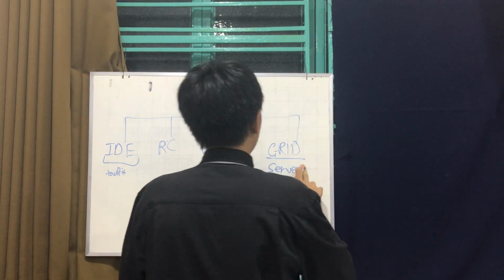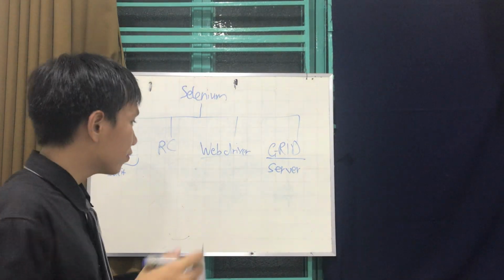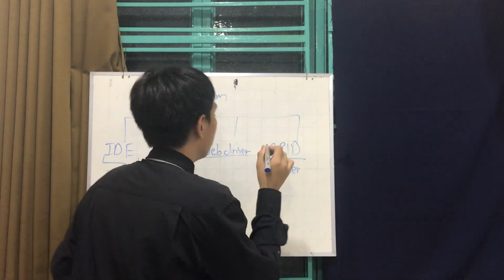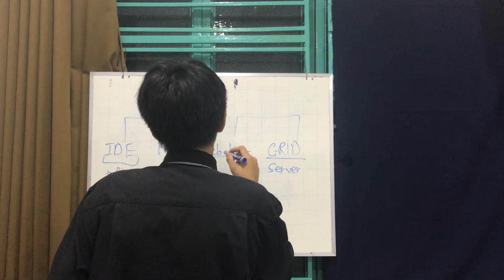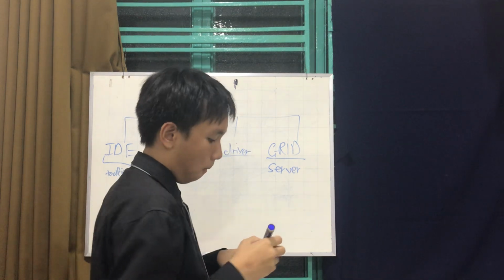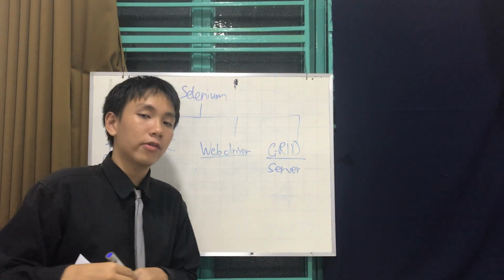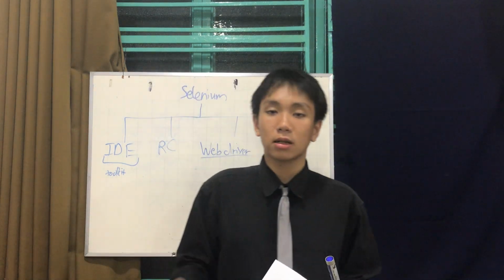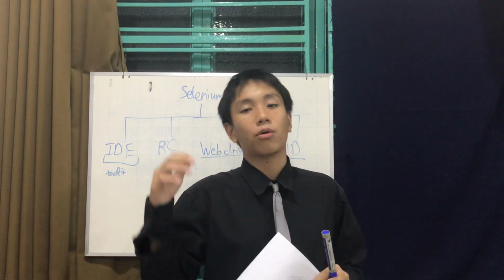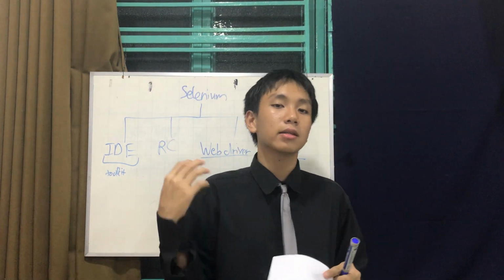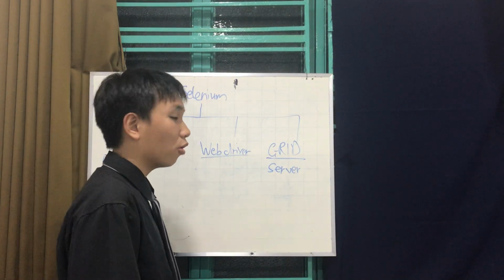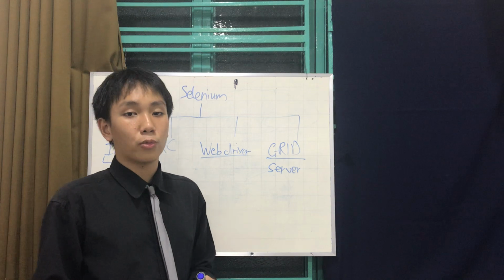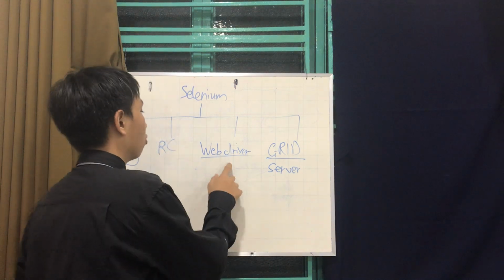So in the first few weeks, we'll be covering WebDriver because it's the easiest tool of Selenium. Selenium WebDriver is how I automate sign-ins. Like I will click a button and I click sign in, things like that. This is how I automate websites and web browsers using WebDriver.